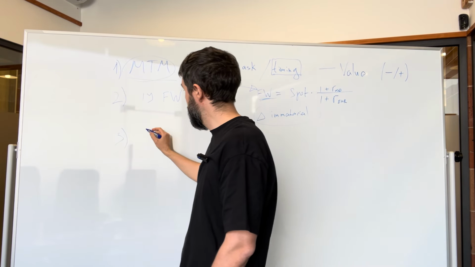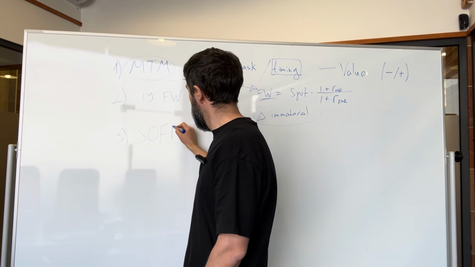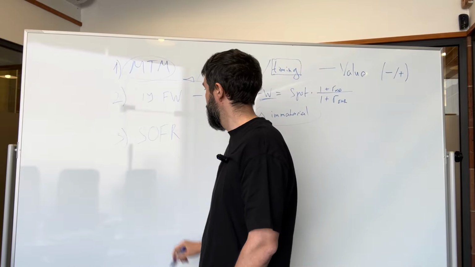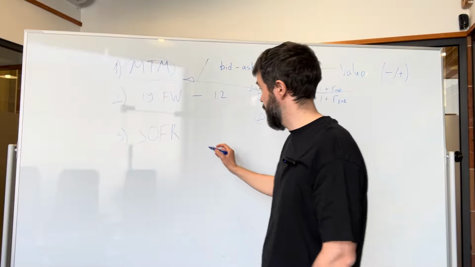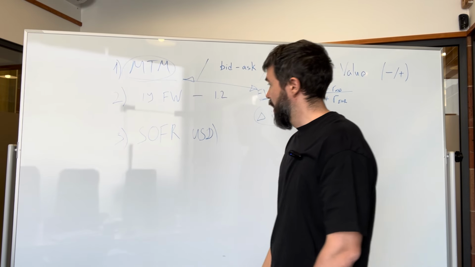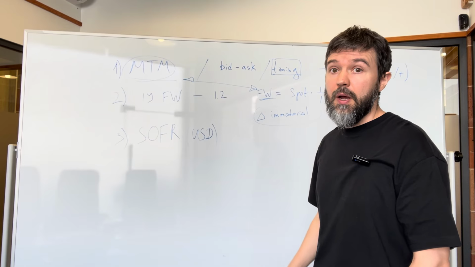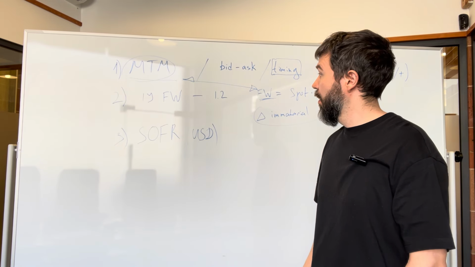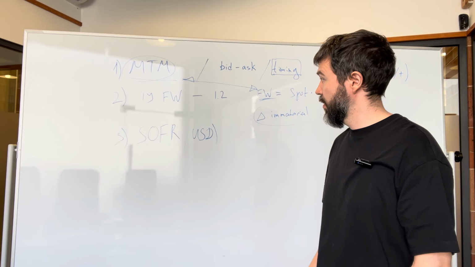Normally this is SOFR, the Secured Overnight Financing Rate in USD, in United States dollars, if we speak about USD. The question here is how to implement your credit spread to have a real rate as a discount rate.